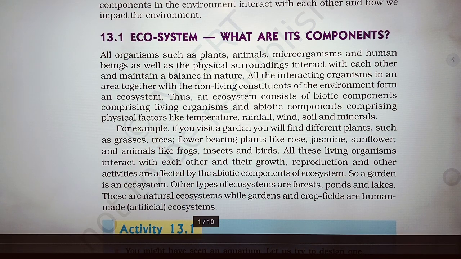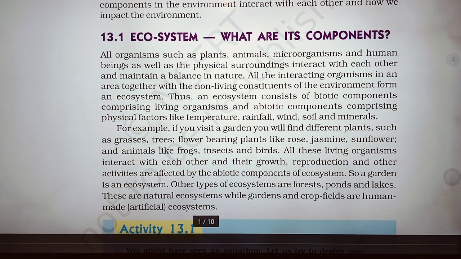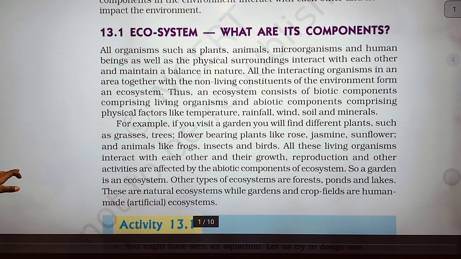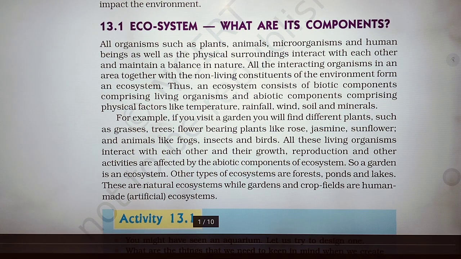All the interacting organisms in an area together with the non-living constituents of the environment form an ecosystem.